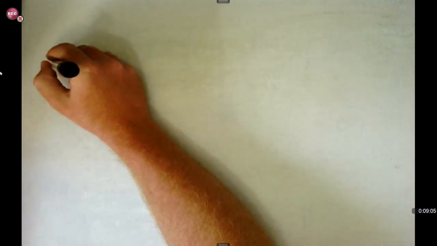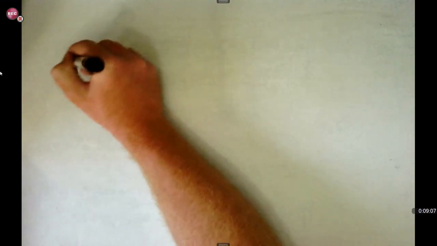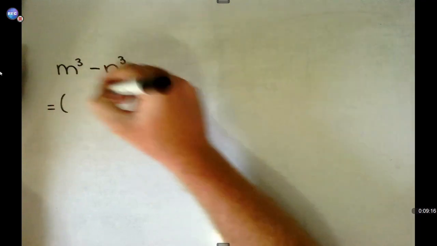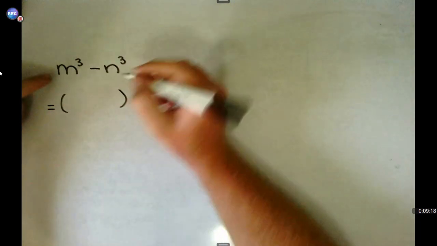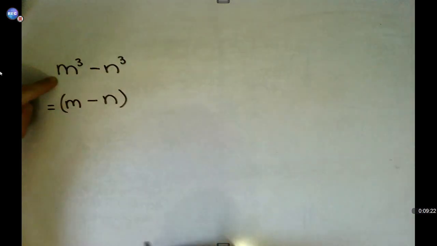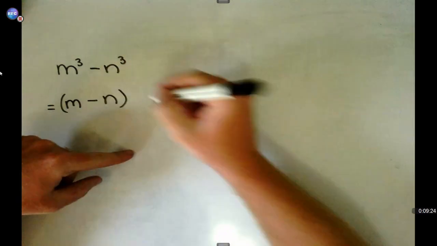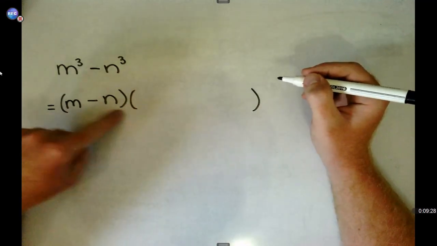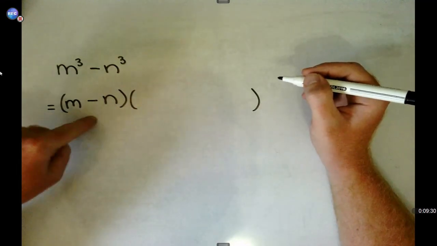So the second question will be m cubed, and we're going to go with a minus n cubed. First bracket always formed by cube rooting. So then we'll have m, bring down that sign, and we'll have n. Our second bracket is always formed by squaring these two in the first bracket.